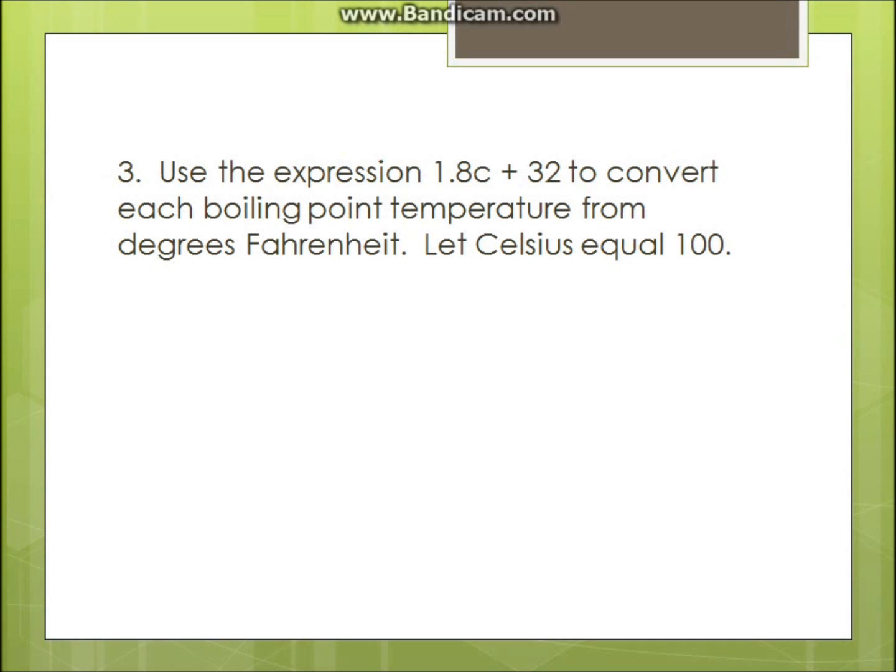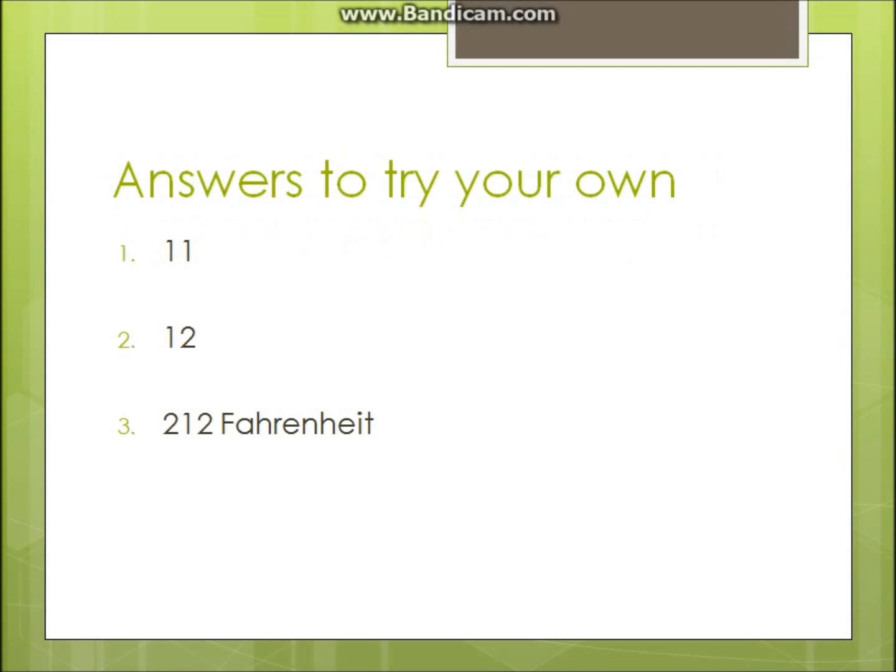All right, so you should have had time to complete these 3 problems, and now you can check your answers. So number 1 was 11, 2 was 12, and 3 was 212 degrees Fahrenheit.